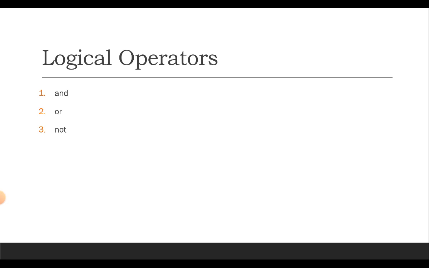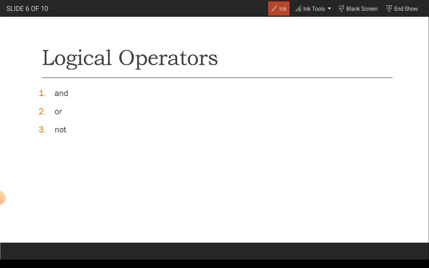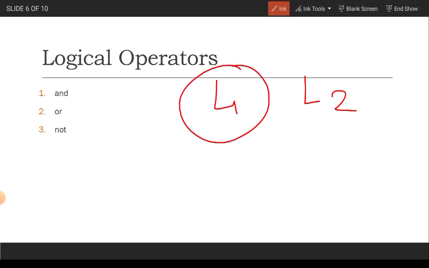What is a logical operator? Logical operators work with logic. Like if two logics are given, let's represent the first logic as L1 and the second logic as L2. Suppose the result of logic 1 is true and the result of logic 2 is false.